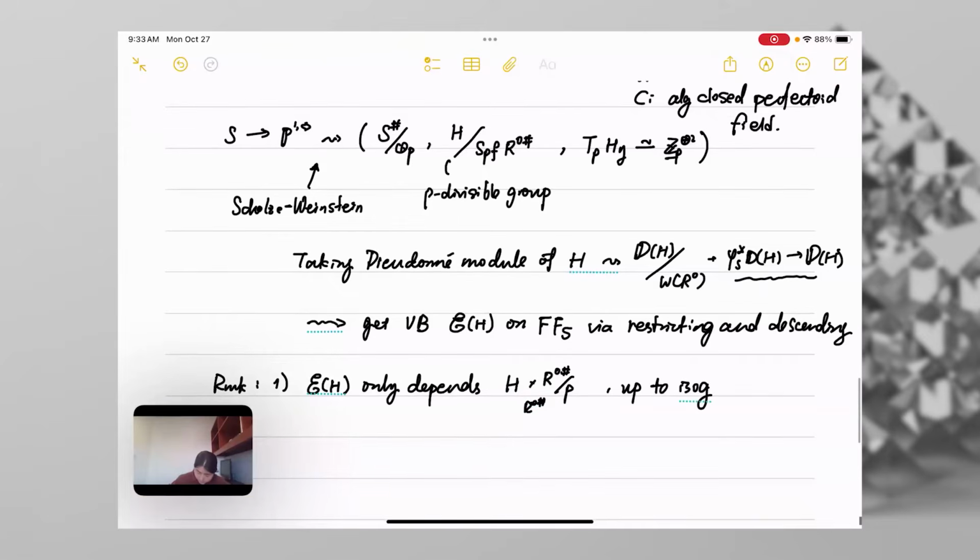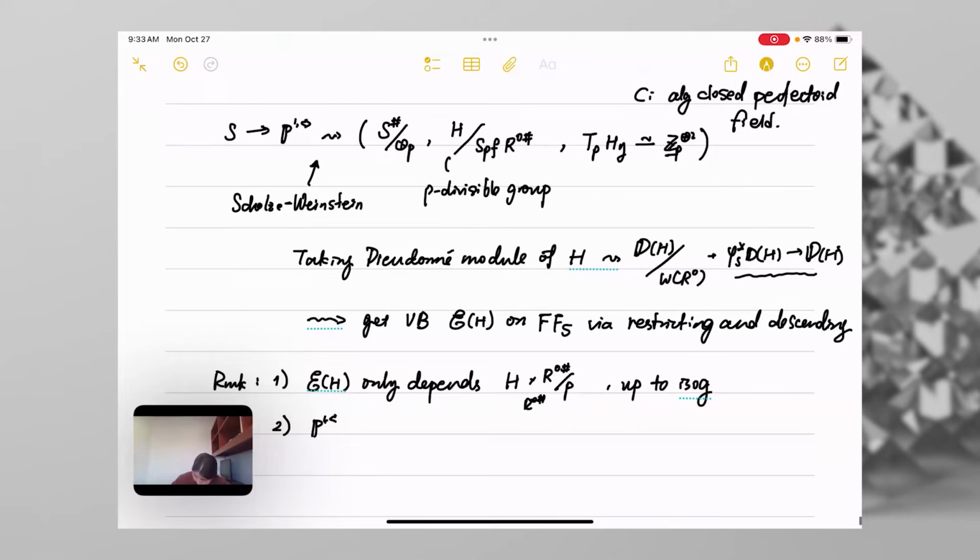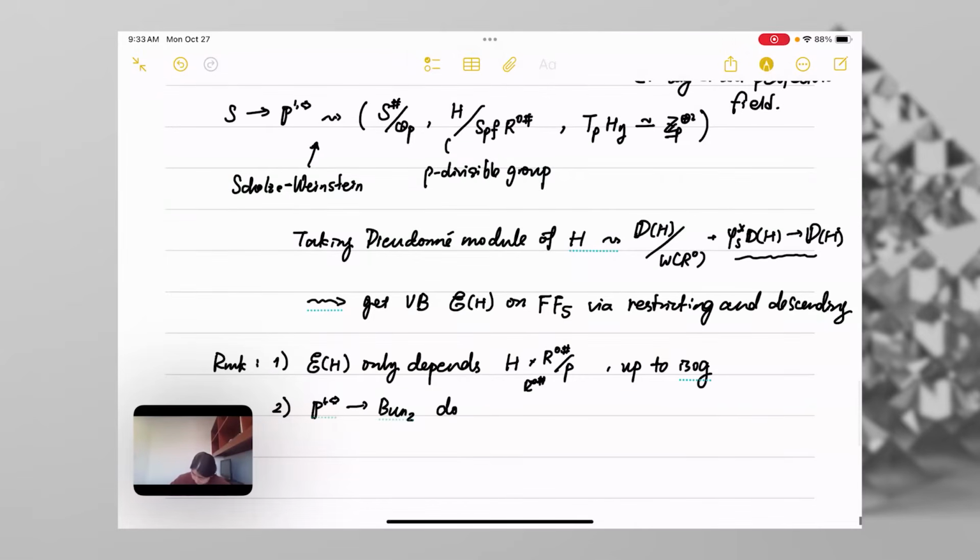And also, a second remark I want to alert you to is that you see from this description that both P1 and G do not see the difference between R plus and R circ.